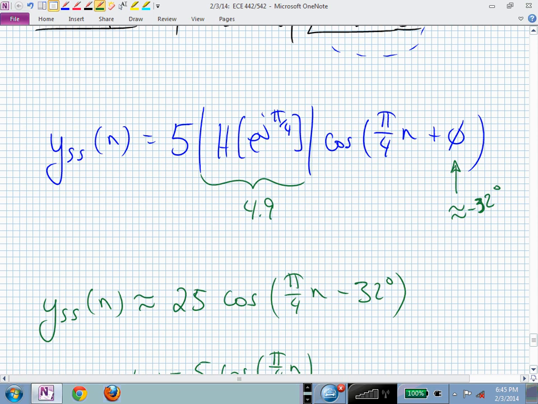So your system is shaking at exactly the same frequency that you excited it with. Its amplitude is either expanded or contracted based on the frequency response.